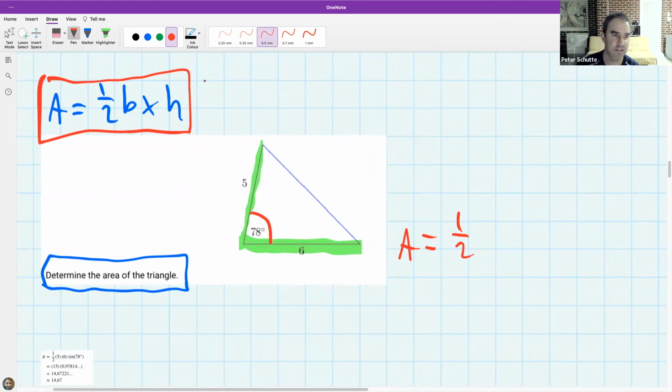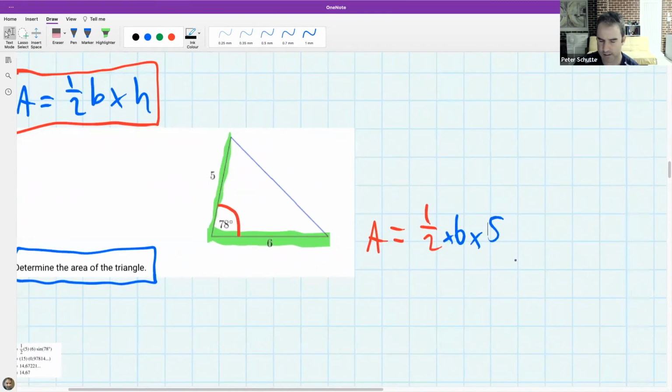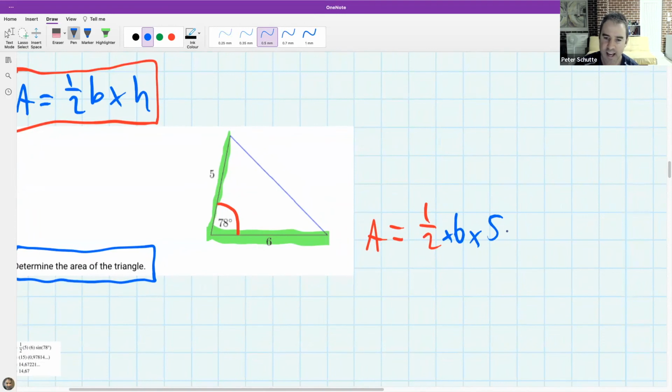What is one of the sides here? It is going to be 6. Then we times by the other side, which is 5. That's all very much like, okay, why am I doing that? And then you times by the sine of the angle in between those two sides.